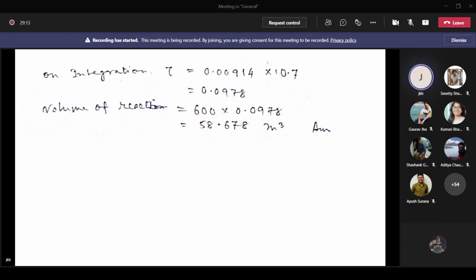The name of the chapter is Design of Reactor for Single Reaction. Now here you have designed for one reactor, say one PFR, but the reactor may be a multiple reactor system. So it may be a combination of one CSTR, one PFR. So there are various combinations. That will be discussed in the next chapter.